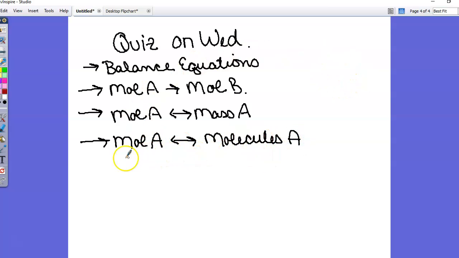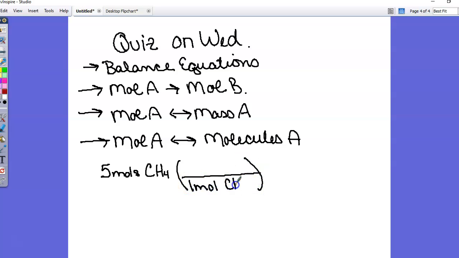To do the molecules problem, remember, say that we're given 5 moles of, I don't know, let's make something up, CH4. 1 mole of CH4 on the bottom, and you know that there's 6.02 times 10 to the 23 molecules of CH4 on top.